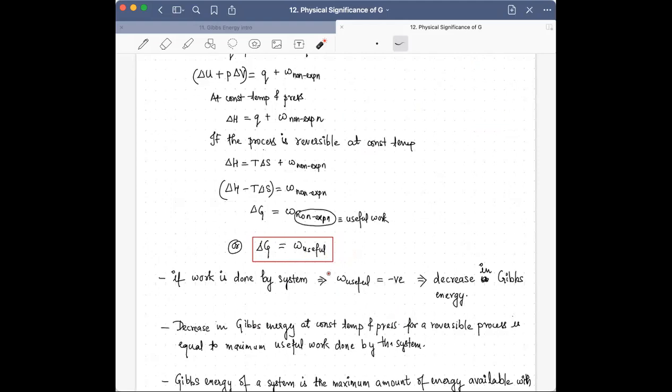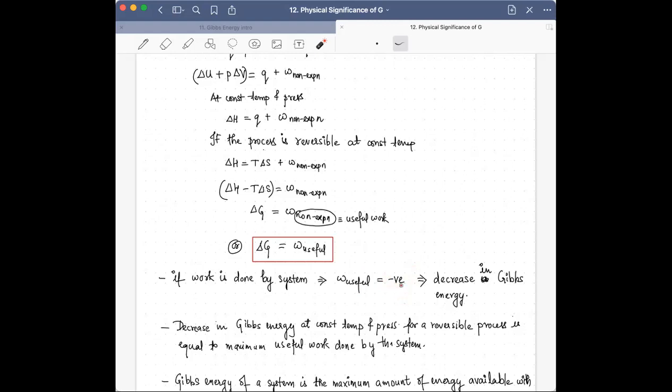To understand that, suppose the work is done by the system. If the system is able to do some kind of work spontaneously, then we know that whenever a system does the work, the work done would be a negative quantity.